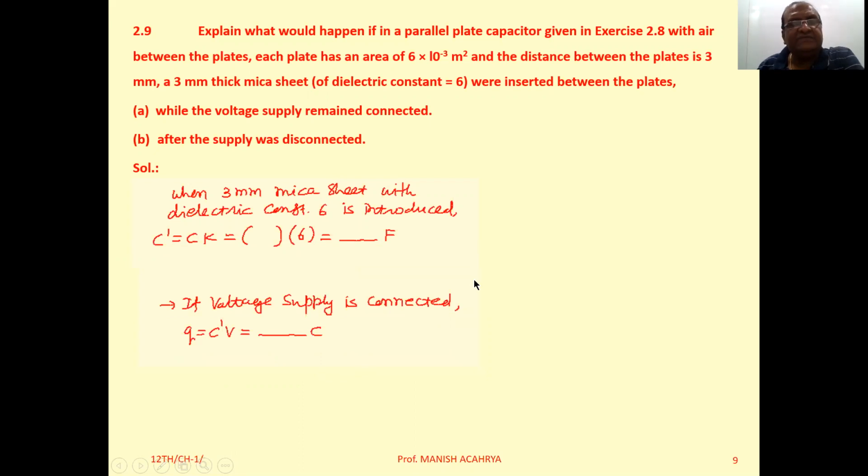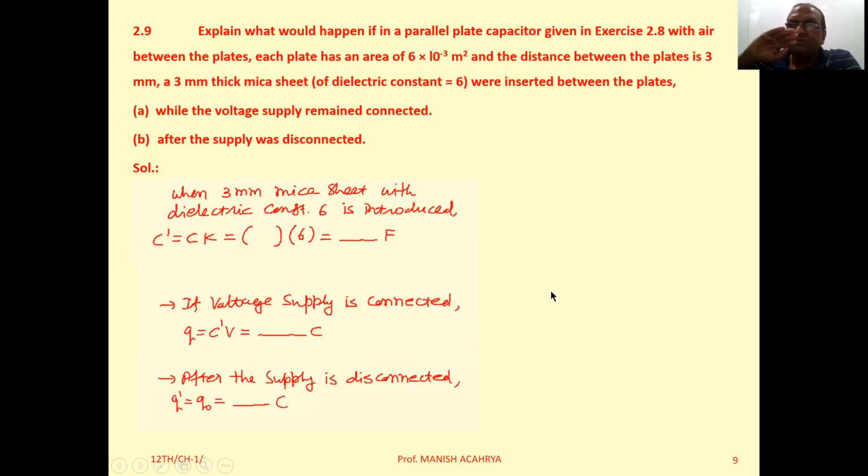Now if supply voltage is connected, now your new capacitance that is C dash, so charge on the capacitor becomes C dash into V. C dash we calculated here, substitute its value, V that is 100 volt. In the previous example it is given to you, so you will get charge on the capacitor this much coulomb.